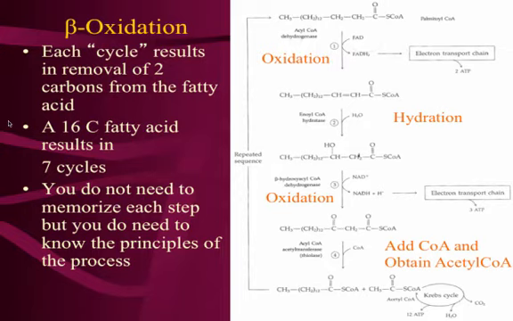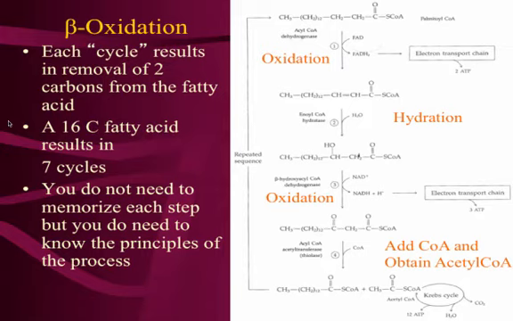Let's go through this. Now, repeat it. You're going to repeat this until all of the carbons are part of acetyl CoA. So if you have a C16 fatty acid, how many acetyl CoAs does that generate? 8.